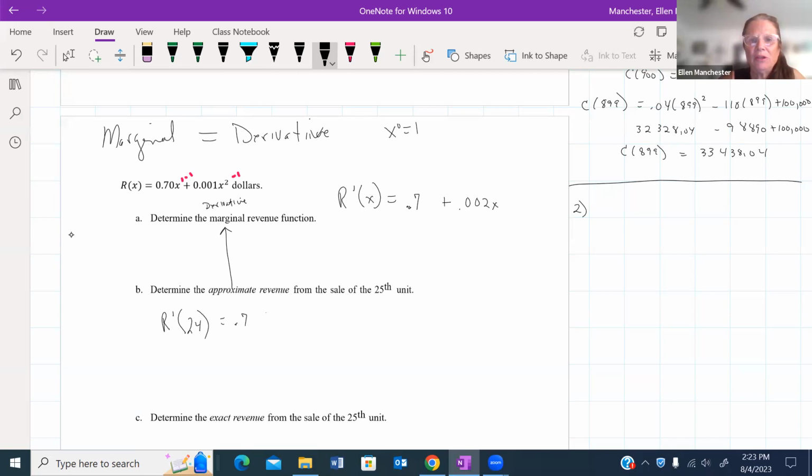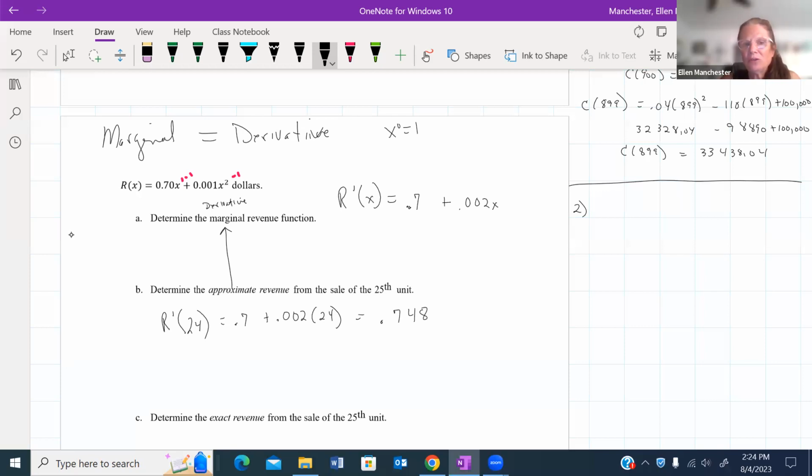So 0.7 plus 0.002 times 24 is 0.748. Okay, so that means this is approximately, I can round this up to 75 cents.